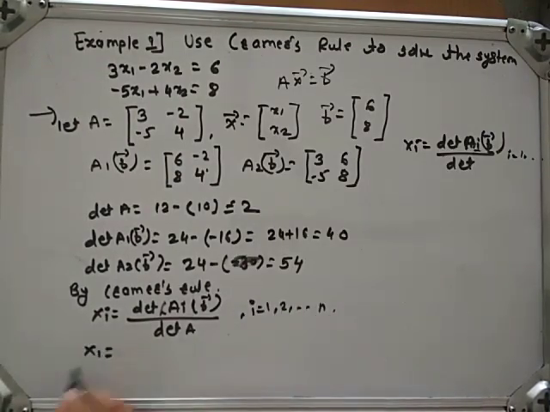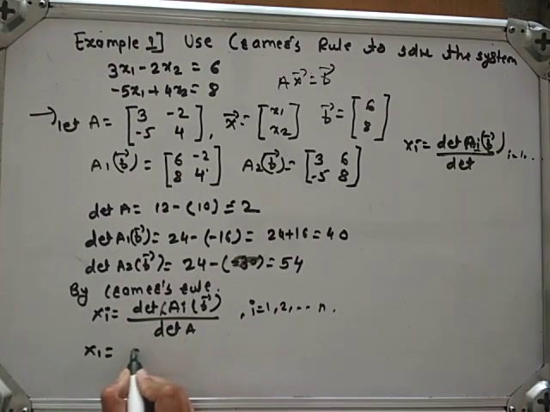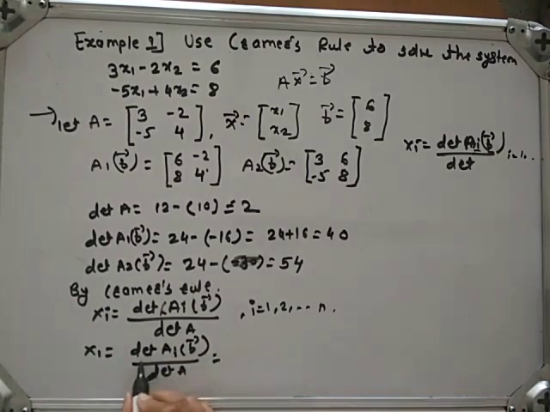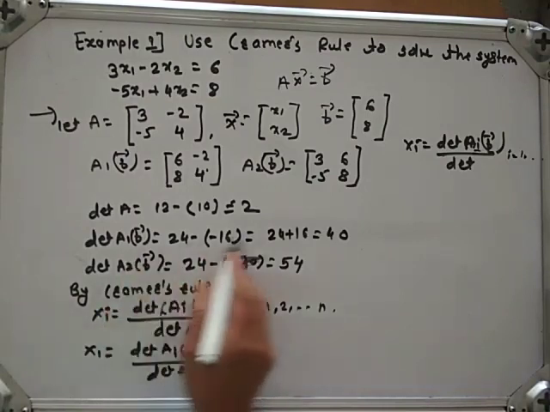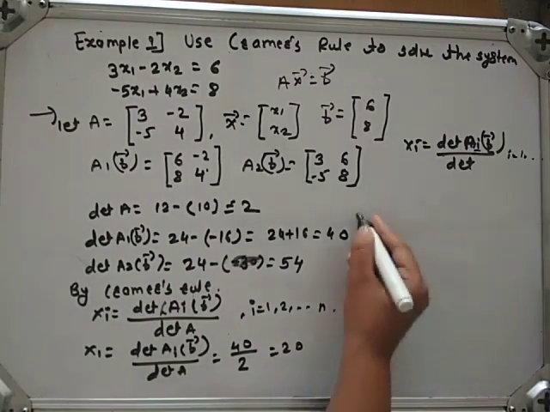Here, x1 is equal to, put i is equal to 1. So x1 is equal to determinant of A1(b bar) upon determinant of A. What is determinant of A1(b bar)? It is 40 upon determinant of A, which is 2. This is equal to 20.